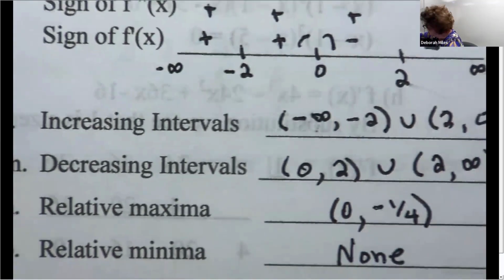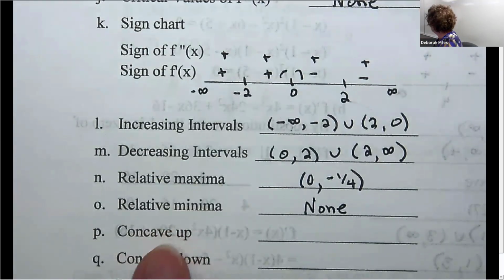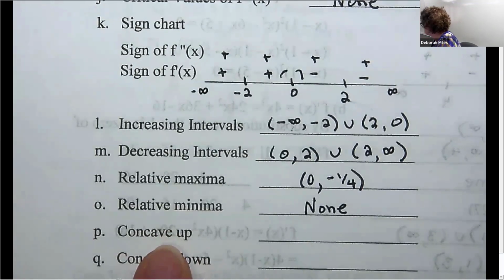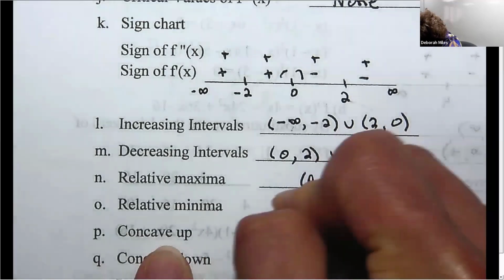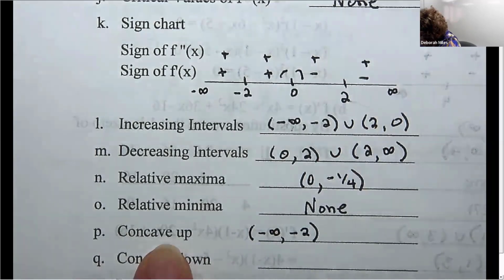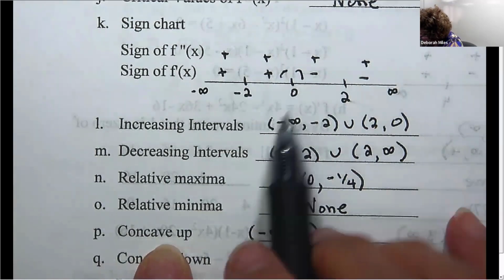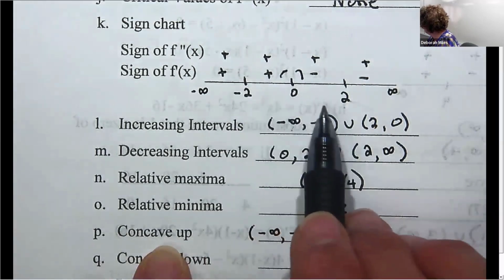What should I be looking at to determine concavity? Sign of the second derivative. Where's this function concave up? Can I write it negative infinity to infinity? No, I've got to skip over those asymptotes. So negative infinity to -2. Can I write -2 to +2 without breaking that up? Yeah, there's no discontinuity between -2 and 2.